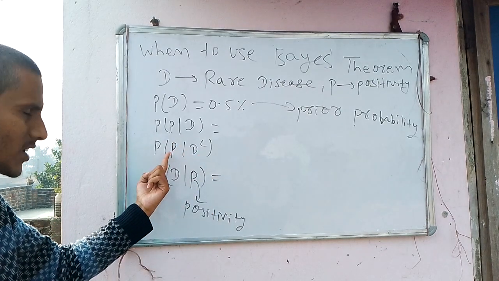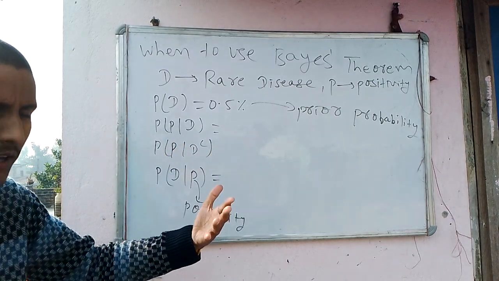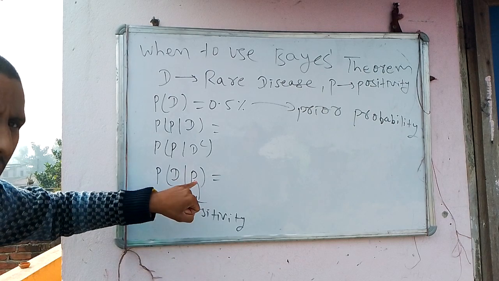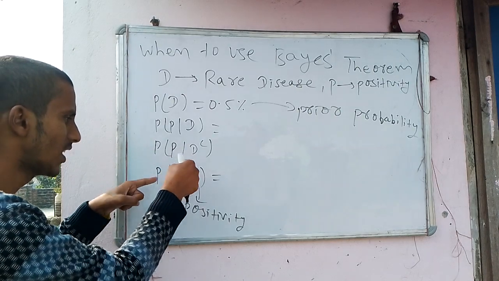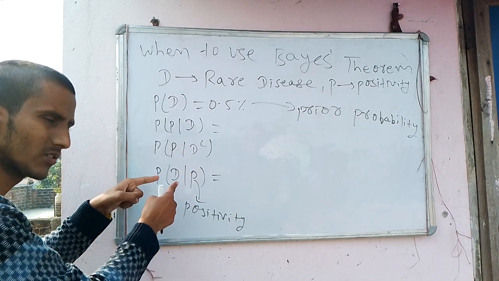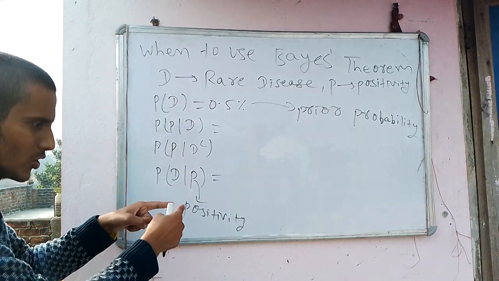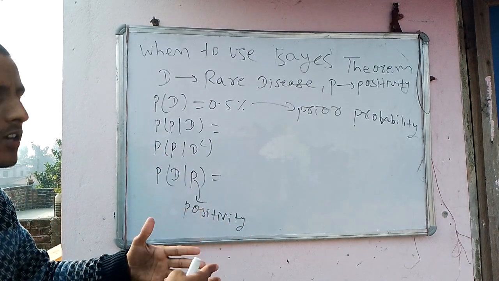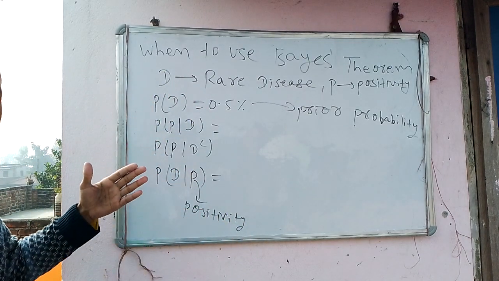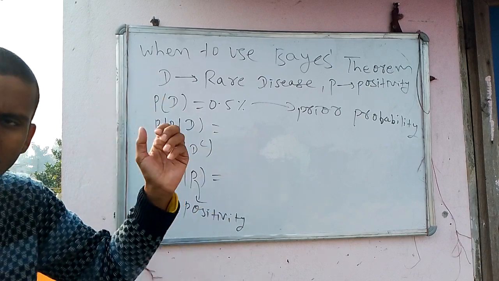So you want to know the probability of positivity given one has the disease and given one does not have the disease.